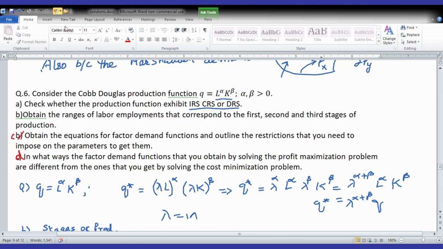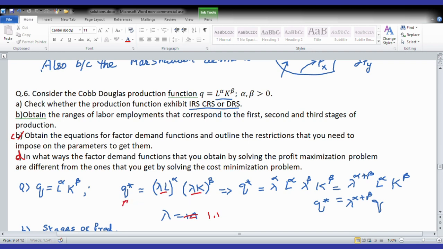Similarly, if I multiply by lambda, suppose that this is 1.1, so 1.1 L is greater than 1 L, 1.1 K is greater than 1 K. So if it is equal to 1.1, this means that I have increased labor by 10%, I have increased capital by 10%. So what is going to happen to the output?